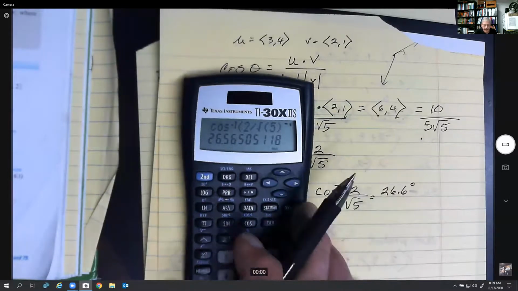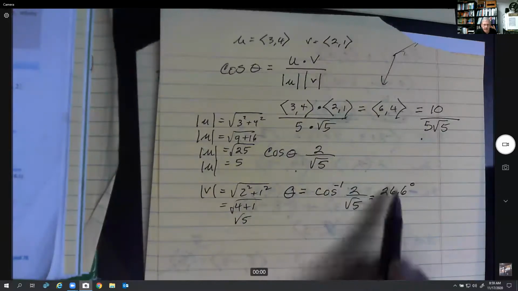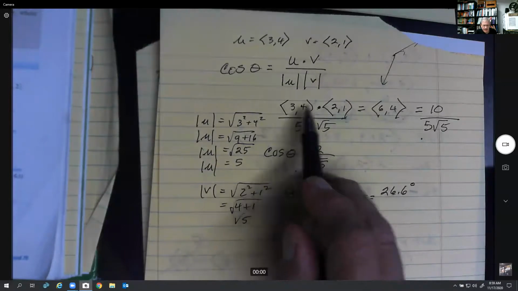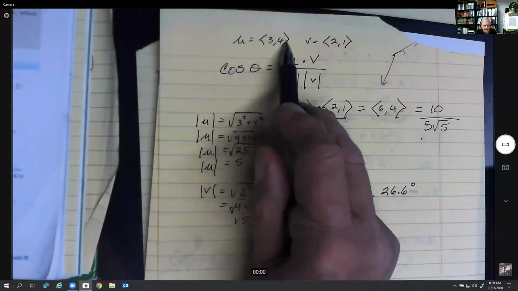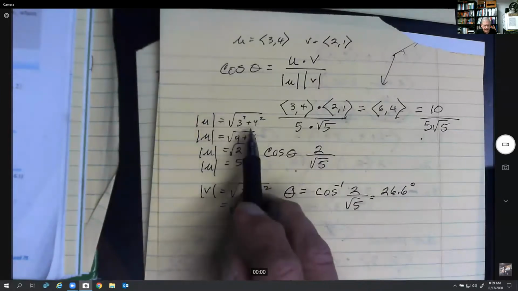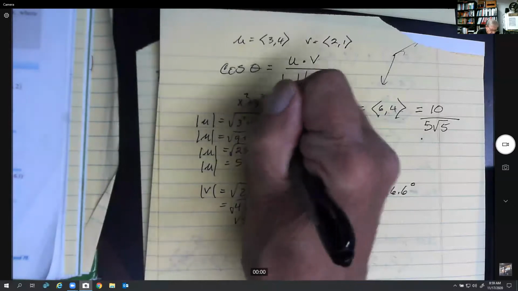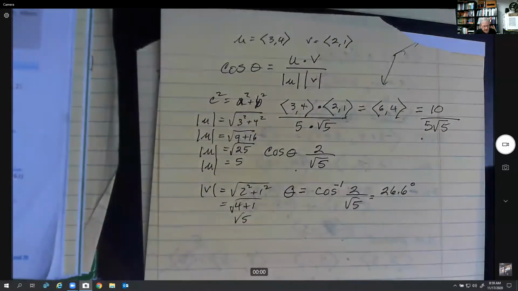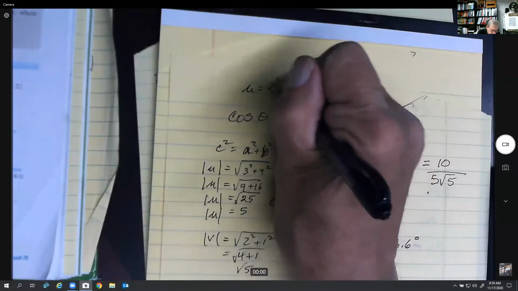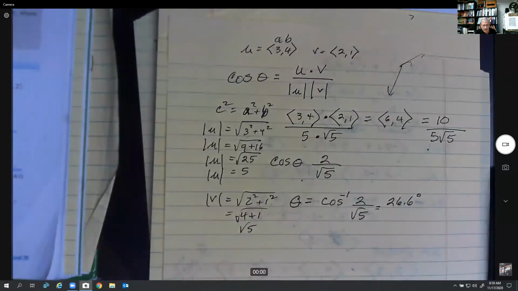So I wanted to find the actual angle, theta. It's just a matter of doing a dot product on the top and then using these as x and y, where u equals the square root of x squared plus y squared. It's almost like the Pythagorean theorem, a squared plus b squared equals c squared.